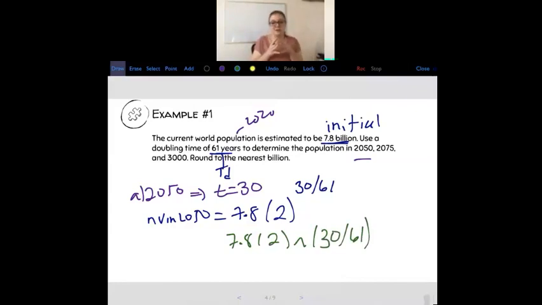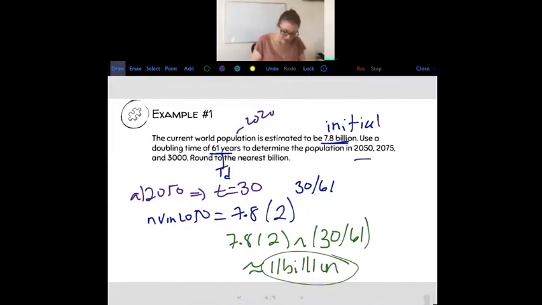Your entire exponent has to be in parentheses here. These numbers get big, which is why I'm encouraging you to write them in billions. And I come out with 10.96 something, so this would be about 11 billion.